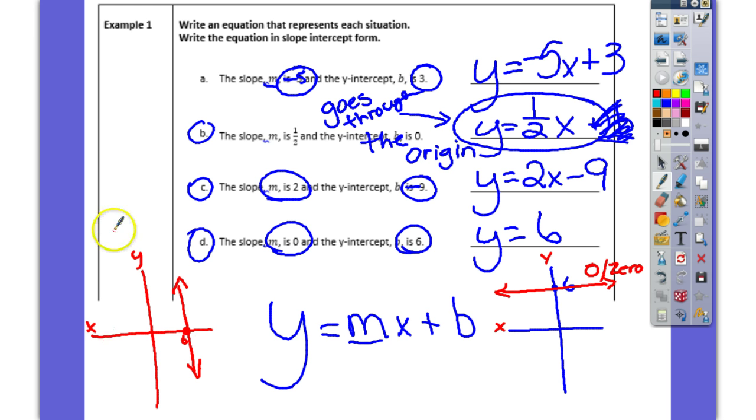This one is x equals 6. What kind of slope does this one have? Undefined. Perfect. Nice memory. This has an undefined slope. Because there's no y equals. It never goes through the y, so it can't be y equals anything.